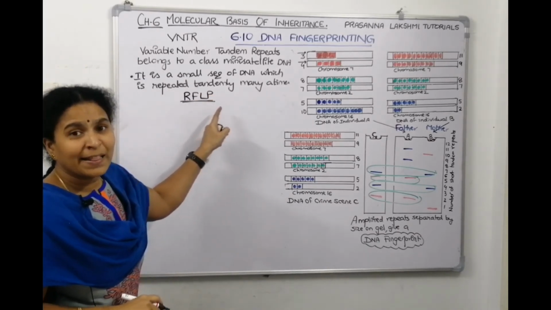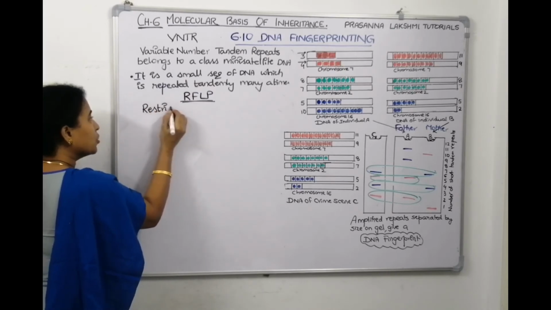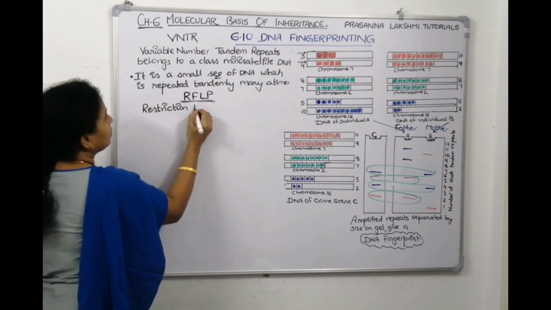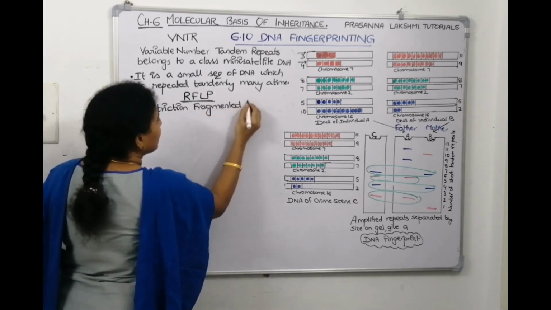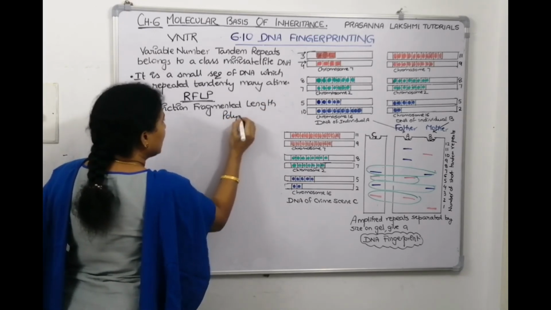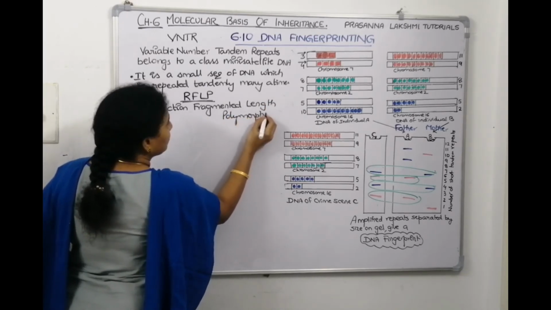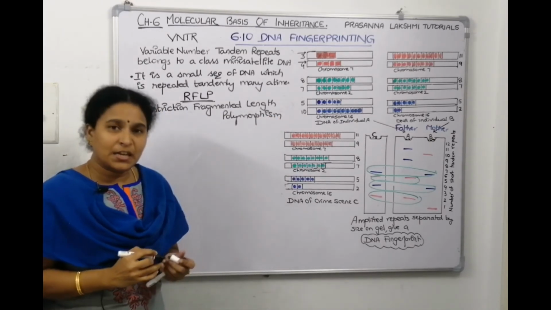Restriction fragmented length polymorphism. From the starting of the lecture we are telling polymorphic DNA.